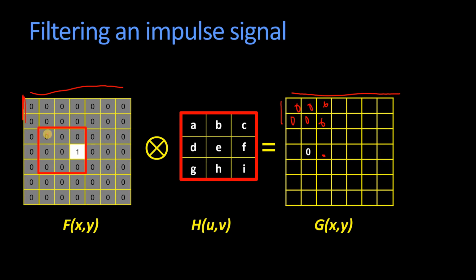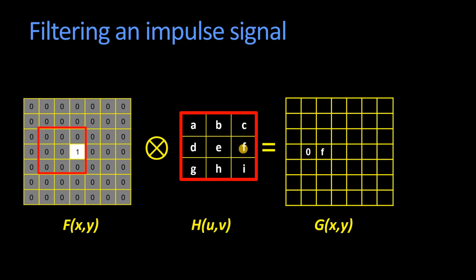Each value is multiplied with the corresponding mask value. So 0 is multiplied with A, another 0 with B, and another 0 with C. Finally, only one value is reflected in the output, that is 1 multiplied by f. So the output will be f.